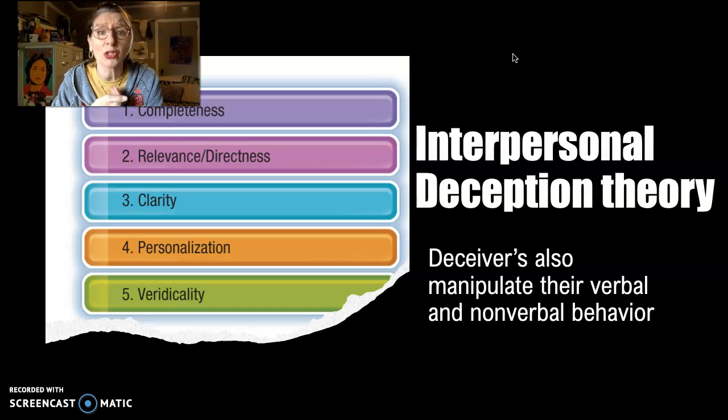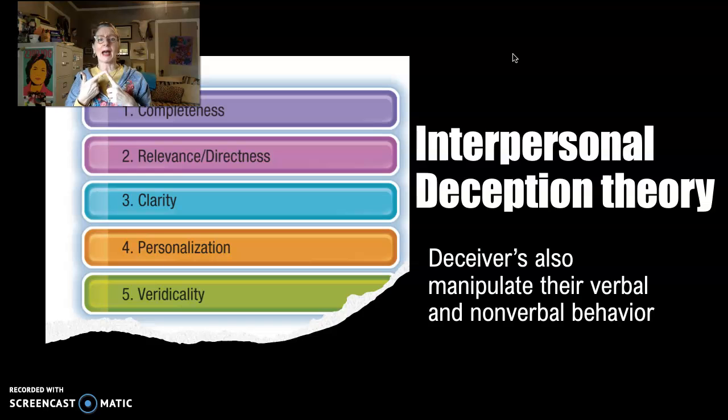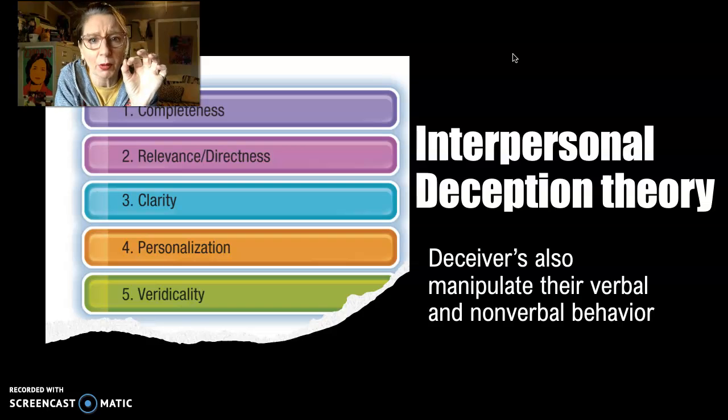Personalization: not taking ownership of that information. And verticality: having their words and their actions match. They have to match. So that's what this theory seeks to explain. These are like variables. If you're going to analyze someone, you use these variables to analyze their message and behavior.